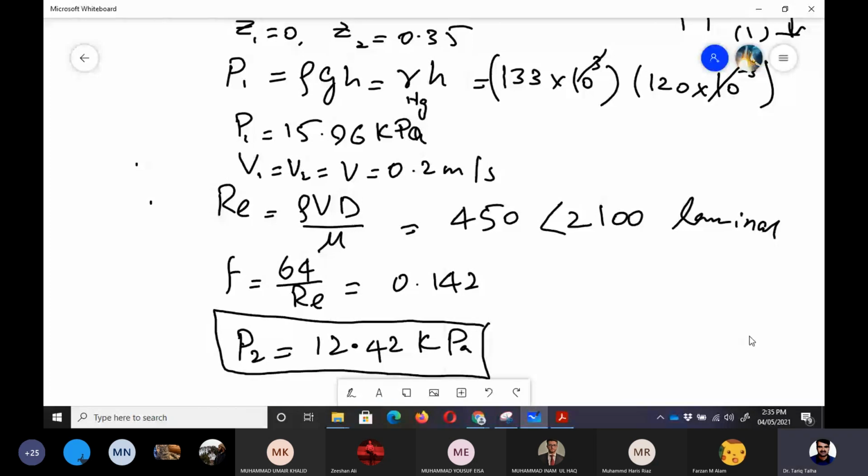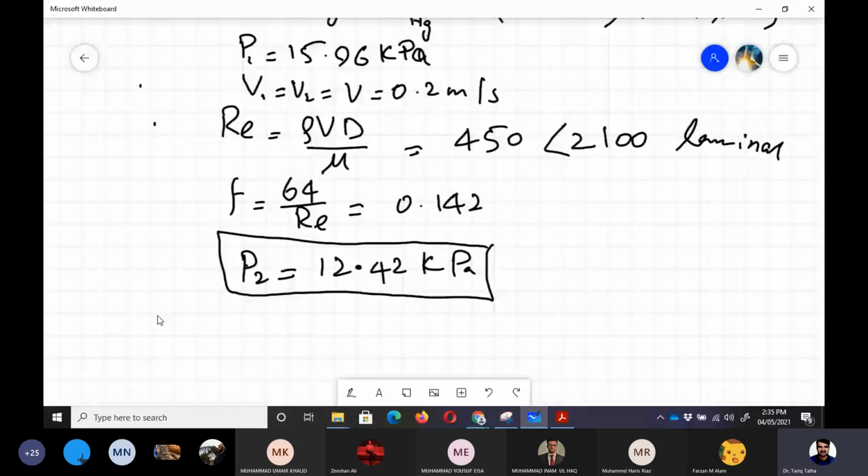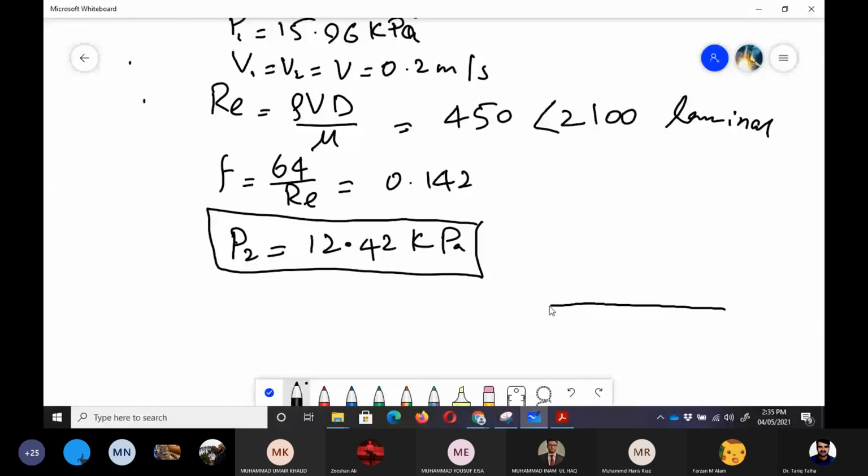It means that now we are talking about flow in a horizontal direction. So if one is this point and two is this point, Z1 would be equal to Z2, and this distance is 0.35 as in the last one.